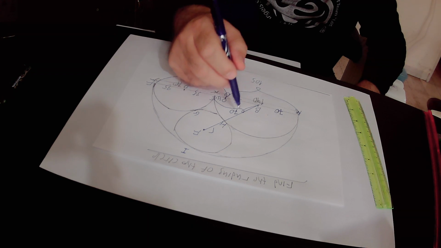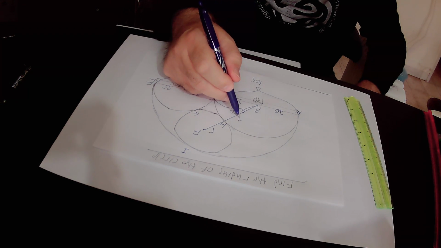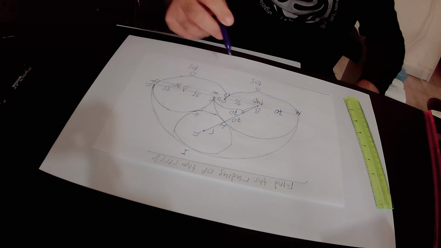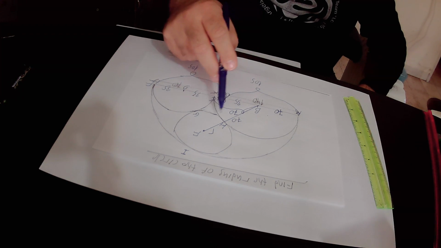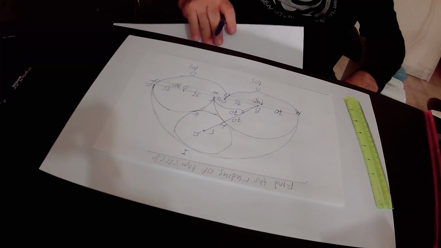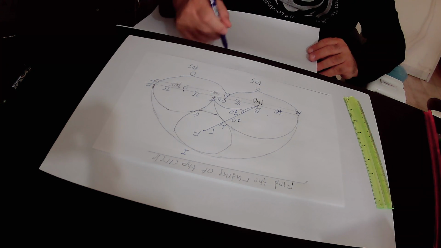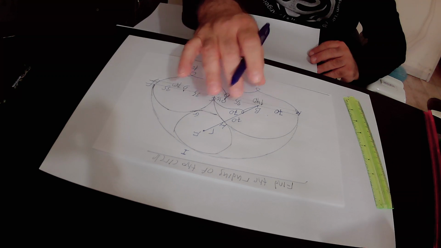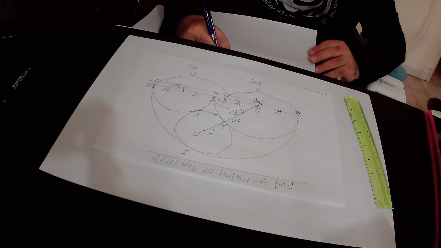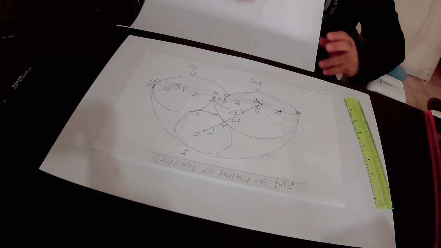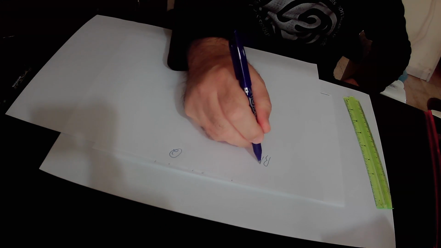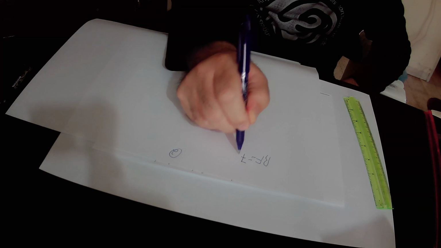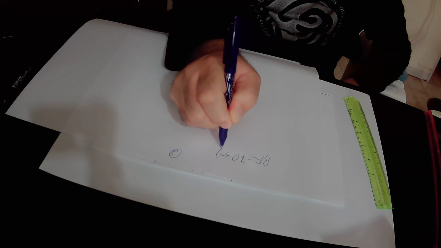Therefore, BH equals 70 units, and therefore the distance between their centers BF equals 70 plus R. So we can write down that line segment BF equals 70 plus R units.